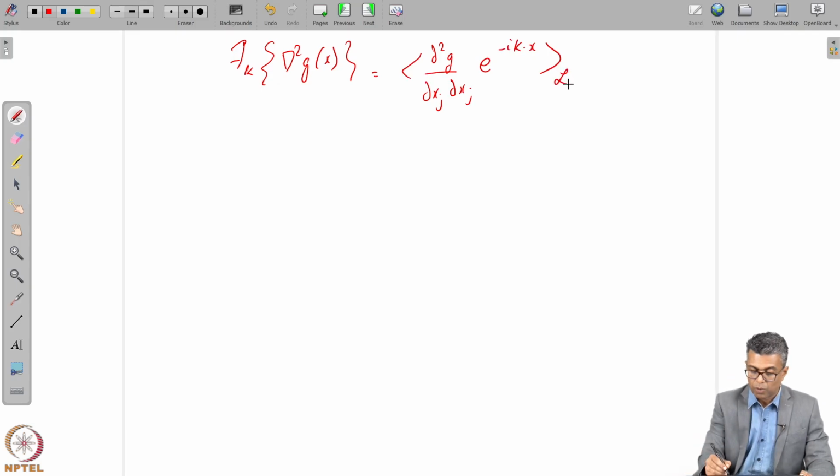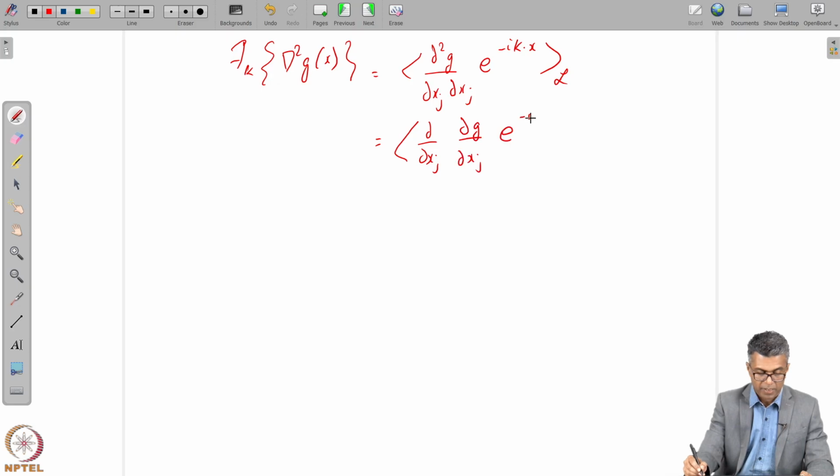Okay, so then what I do is I take the del xj out, and I write it as del xj of del g del xj, because that's the same thing, right?